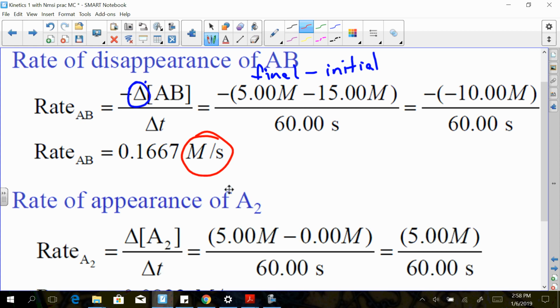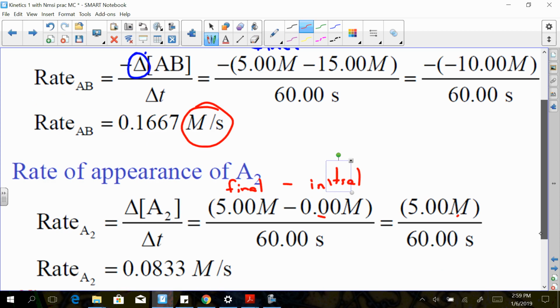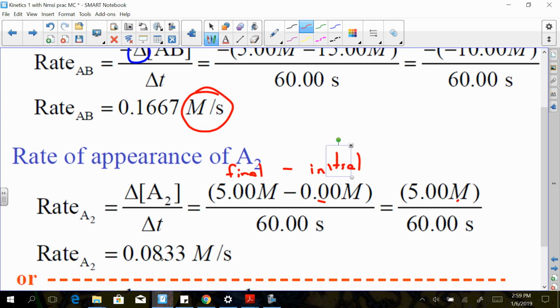If we did the final minus the initial, then we have an initial concentration of 0. We had none of that product. Our final concentration, we formed 5 molar, and that was given to us in the problem. So that 5 molar divided by 60 seconds gives us 0.0833.